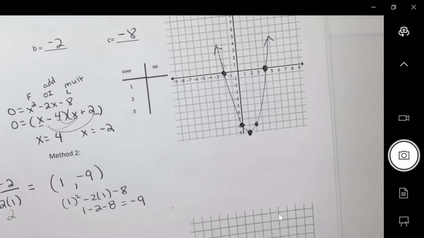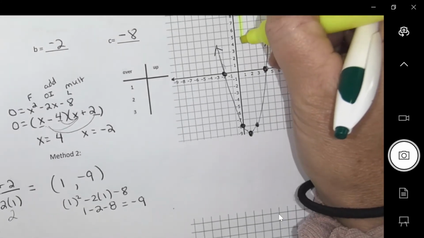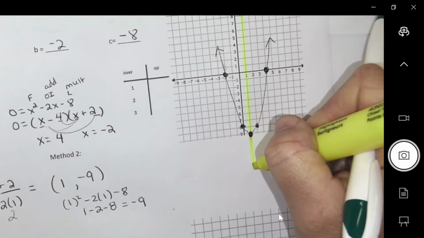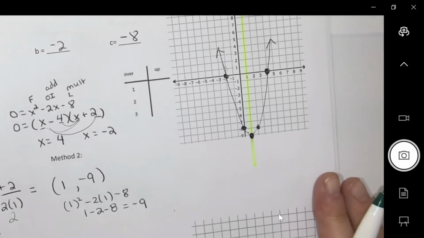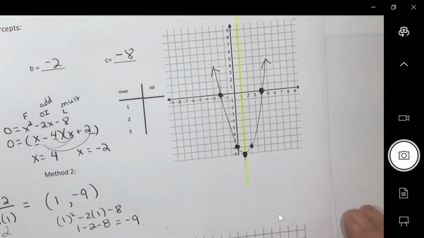Okay, I didn't ask this, but I'm going to just draw this in. This is the axis of symmetry. Everyone's agreeing? X equals 1 is the axis of symmetry. Here's something that happens.